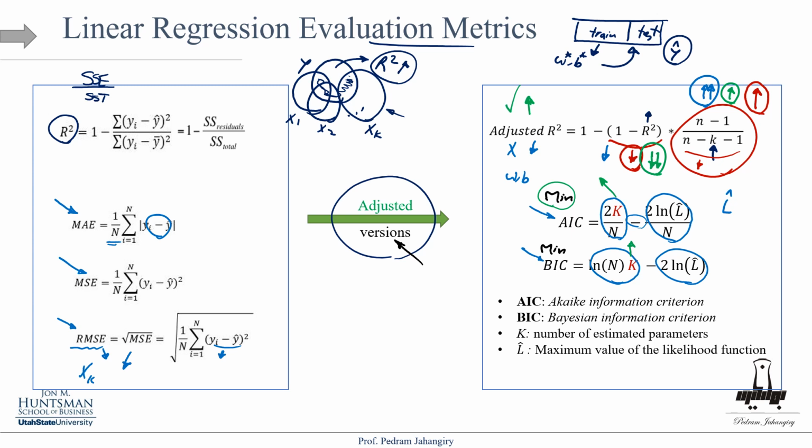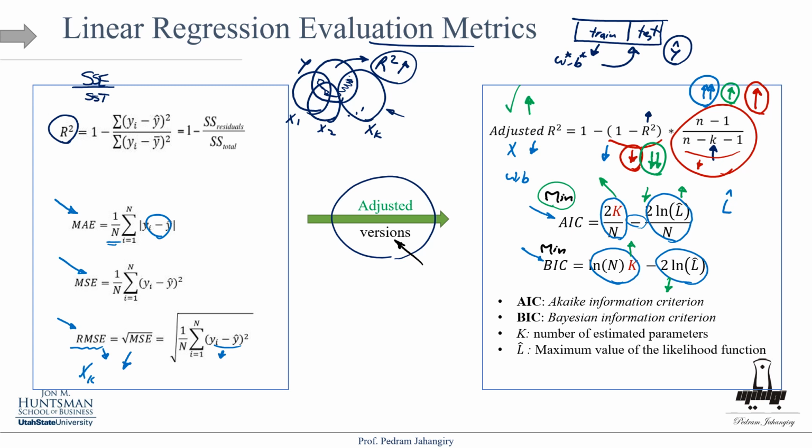Because this thing is going to increase, and yes, the likelihood is also going to increase, and so the negative version is going to decrease. So again, as we discussed for adjusted R-square, for AIC and BIC there's a trade-off between the two, right? We have to see which effect dominates. And that's how AIC and BIC penalize adding more explanatory variables to the model.